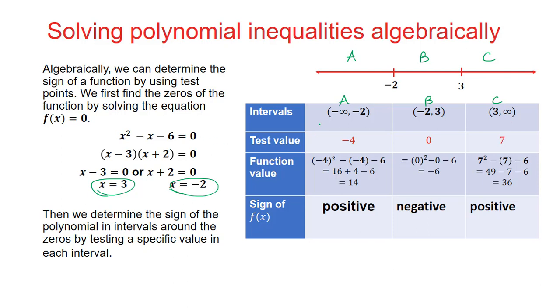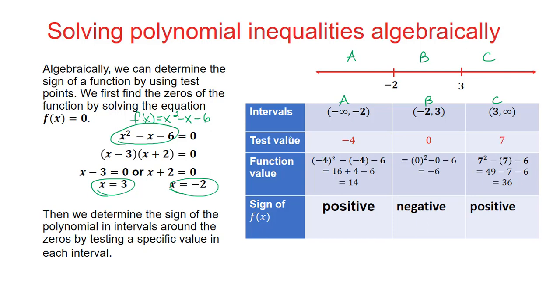In region A, something to the left of negative 2, we can plug in negative 4. So if we plug in negative 4, we go to this function that is the thing that's opposite from 0. So our f of x is x squared minus x minus 6.